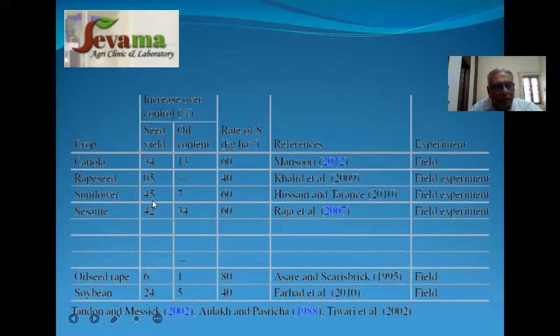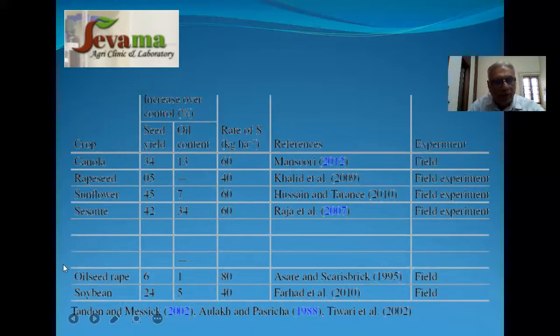In sunflower, the increase in seed yield is 45% over control and oil content 7% when applying 60 kg sulfur per hectare. In sesame, 42% increase in seed yield, oil content 32%, with application of 60 kg sulfur per hectare.